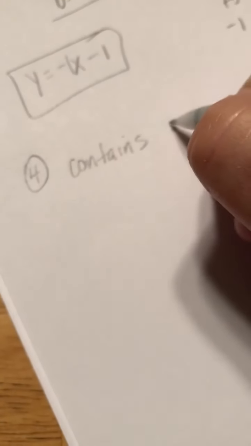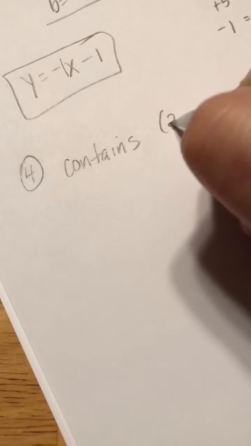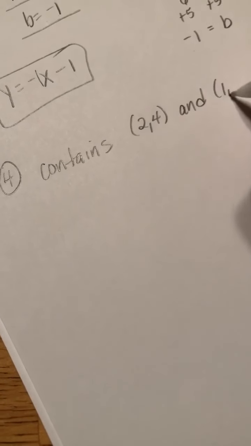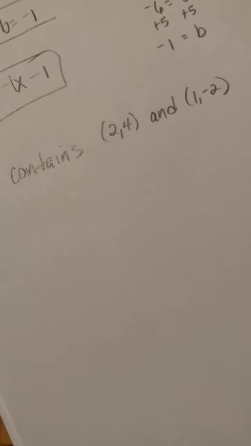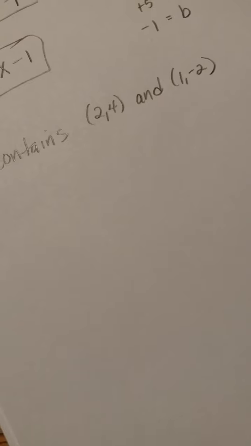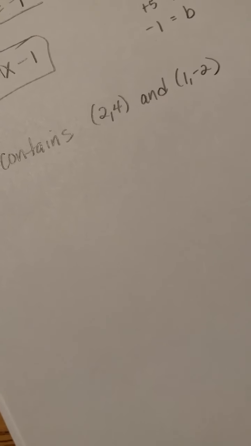Write the equation of a line, this time, that contains (2, 4) and (1, -2). Press pause and we'll see if we get the same answer.